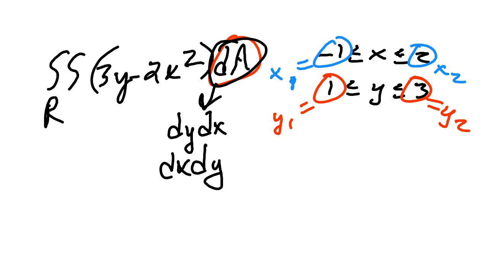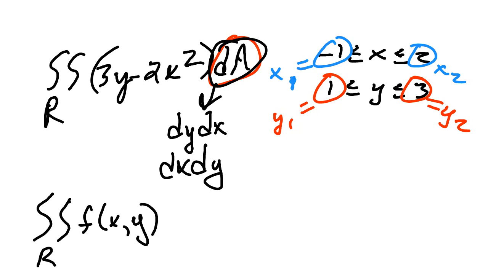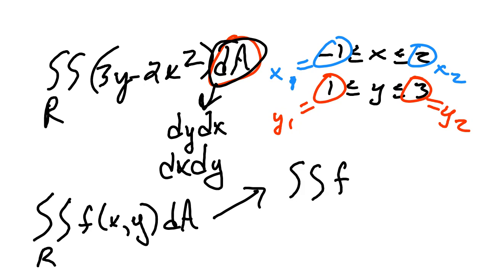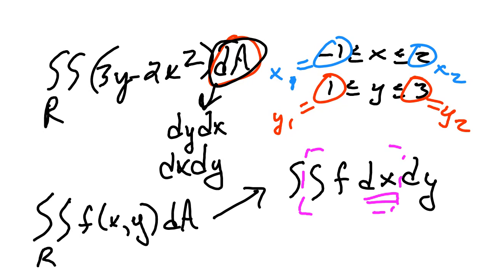So long story short, if I've got the double integral over region R of f of xy dA, then I can write that as a double integral, and I'm not going to put f of xy every time, of dx dy. Since the dx would be connected first, interiorly, I could consider this a single integral.